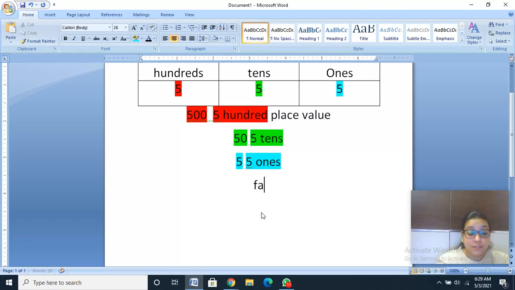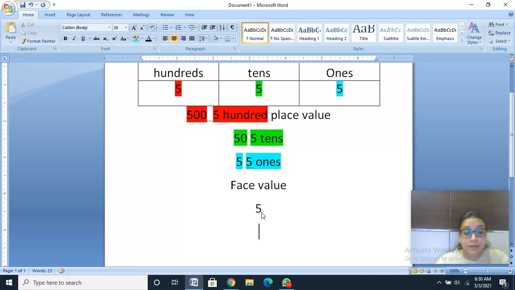But the face value for all the 5s will be 5 only, because we are placing the 5 on different positions. Positions are hundreds, tens and ones. Getting this point, everyone? Yes or no?